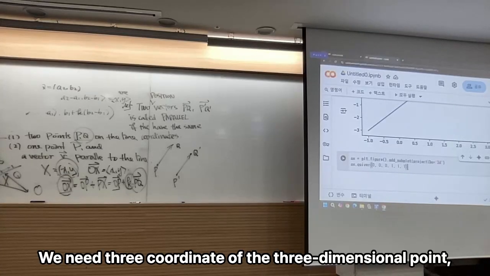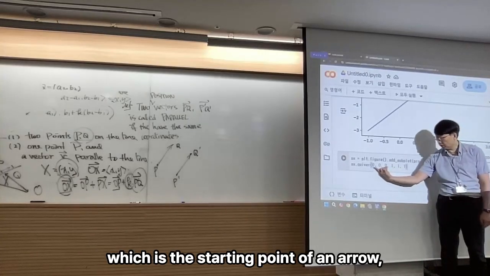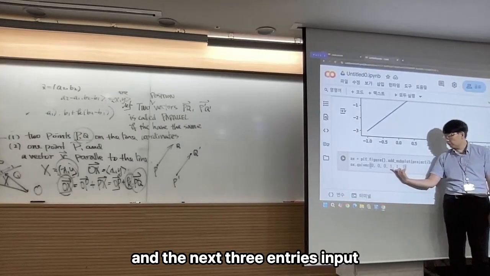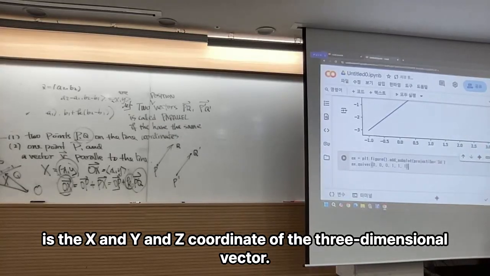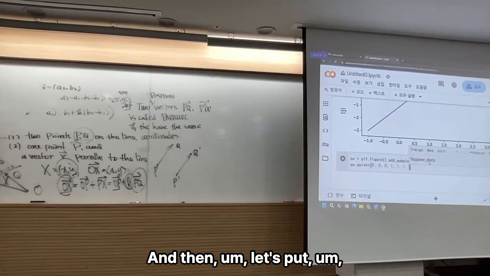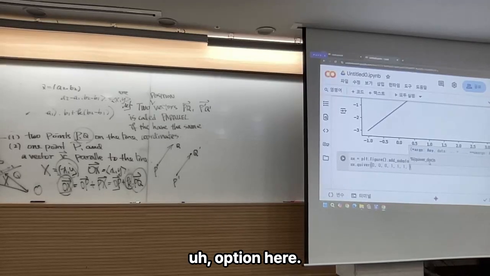So this is the same thing. We need a 3 coordinate of the three-dimensional point, which is the starting point of an arrow, and the next 3 entry input is the x and y and z coordinate of the three-dimensional vector. And then let's put option here.